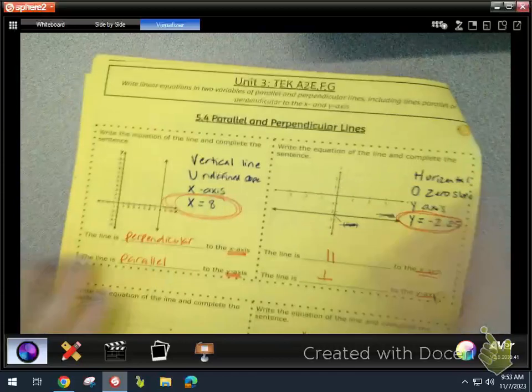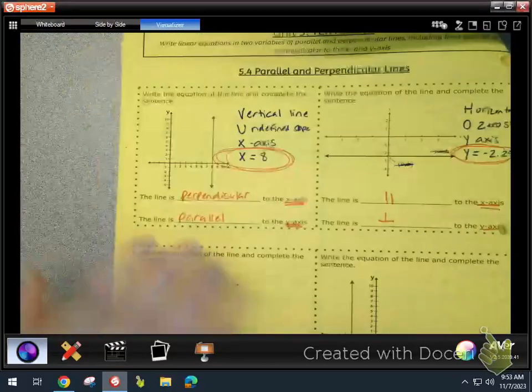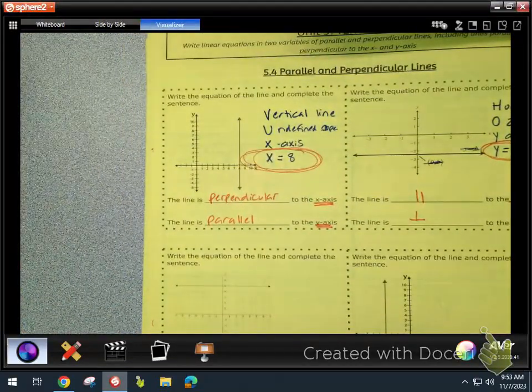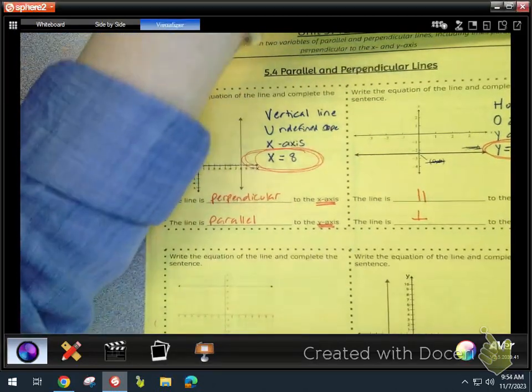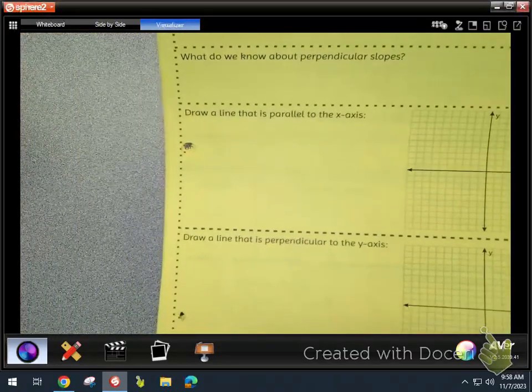And then there is a little breakdown sheet on page 17. I want you to work on that. And then we will do homework and we will get ready for CFU in about 15 minutes. Okay, fill out the breakdown sheet on page 17.